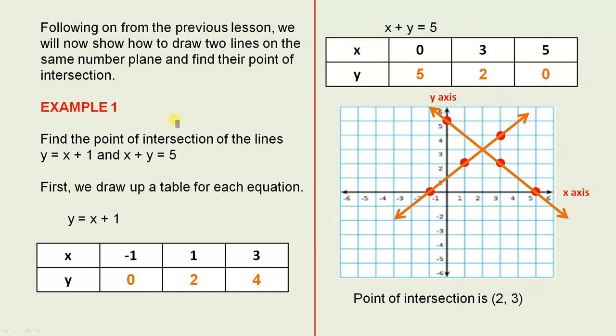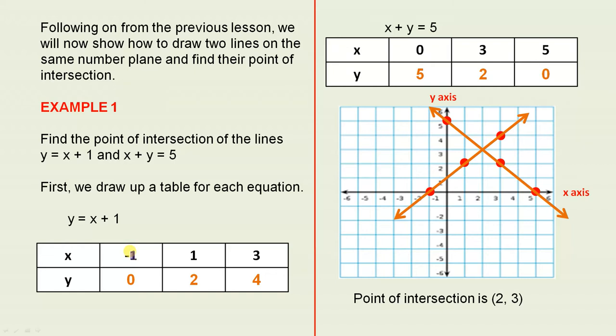Find the point of intersection of the lines y equals x plus 1 and x plus y equals 5. First, we draw up a table for each equation. So here's the first equation, and if you remember from the previous lesson, when we draw the table we can choose whatever x values we like, and after we've done that we can then determine the y values using the given equation.